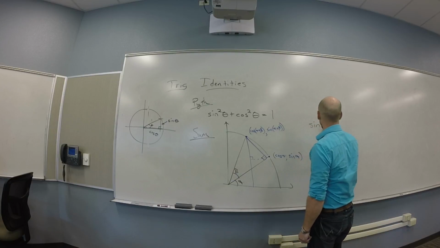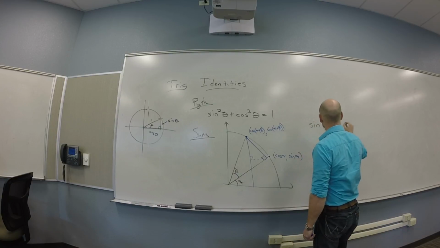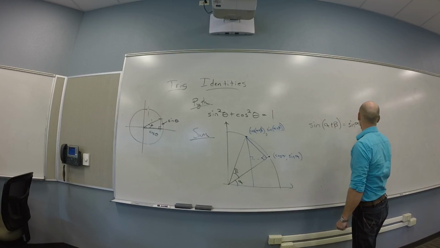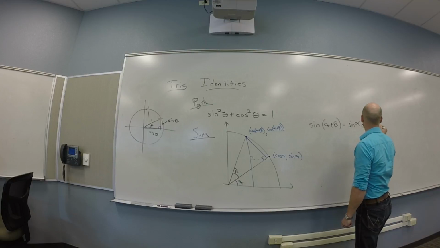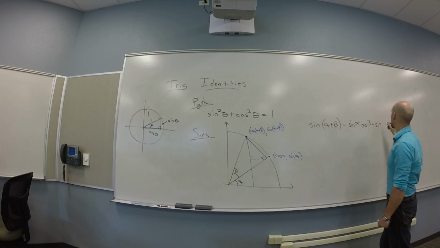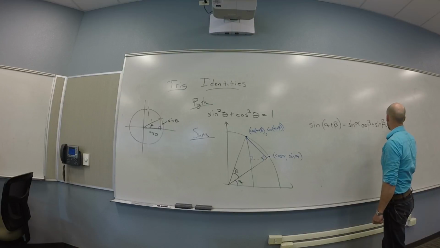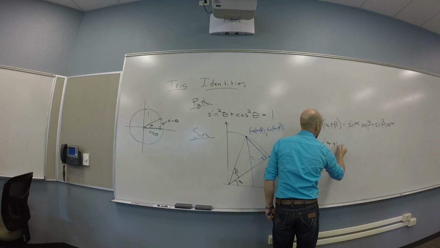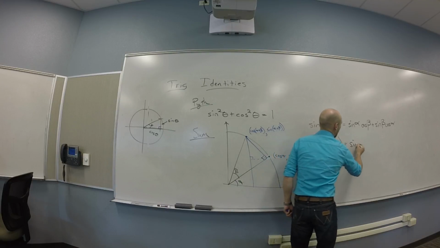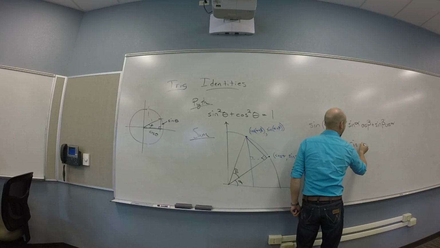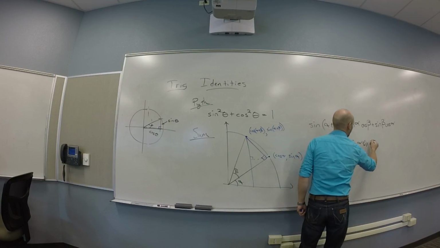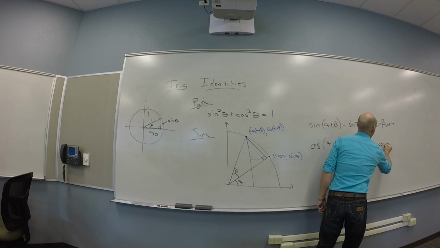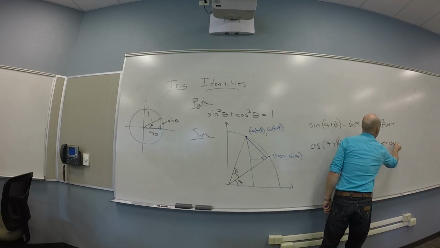The sine of alpha plus beta equals sine alpha cosine beta plus sine beta cosine alpha, and cosine of alpha plus beta equals cosine alpha cosine beta minus sine alpha sine beta.